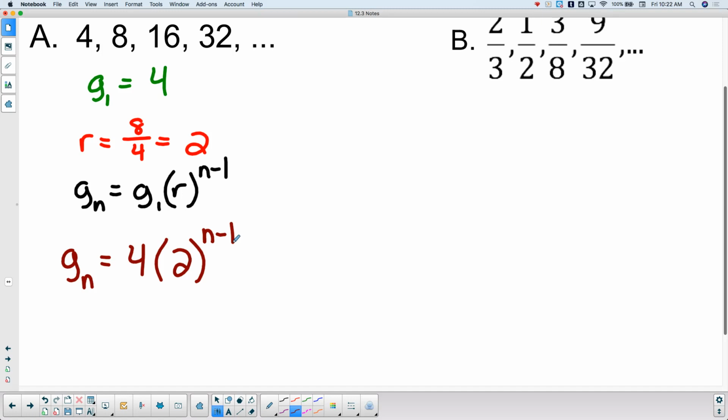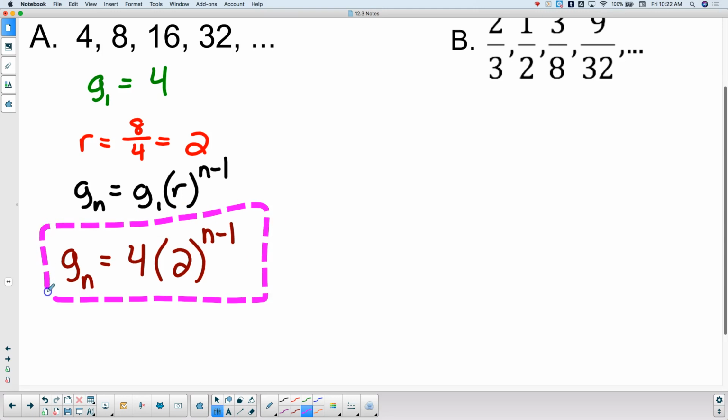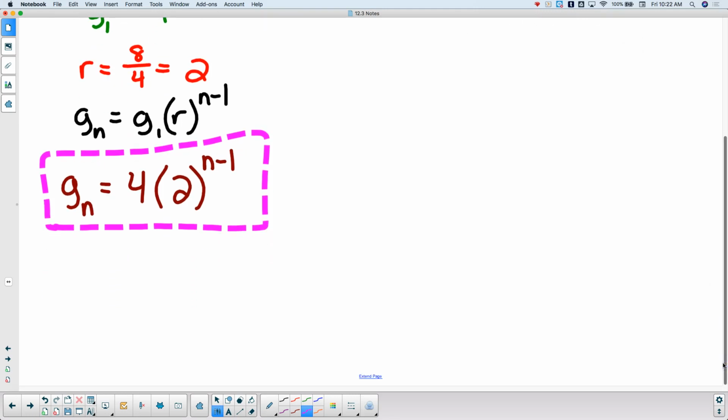Probably going to be beneficial for you to always put your r in a set of parentheses. So that's our rule. Then it went on to say, now that we have our rule, let's find the 7th term. So we need to find G sub 7.